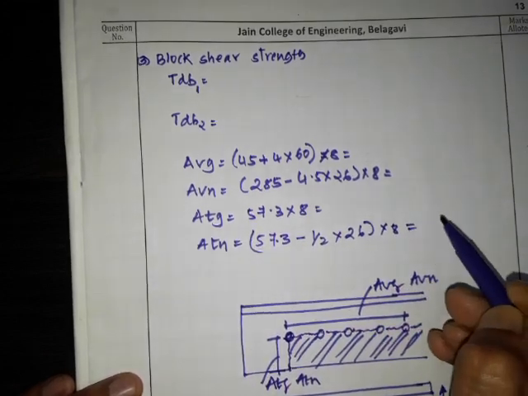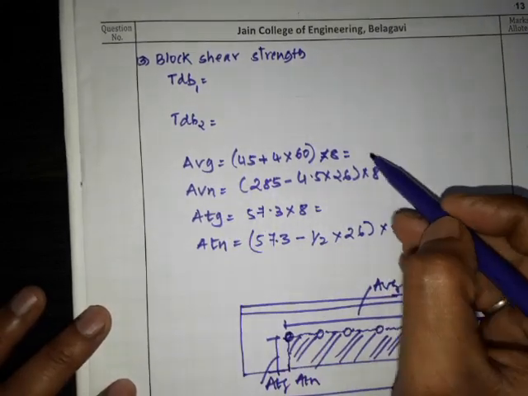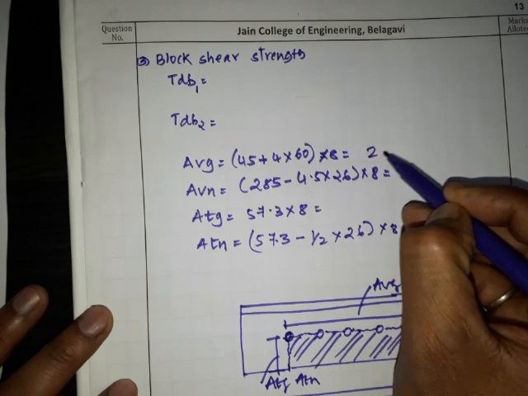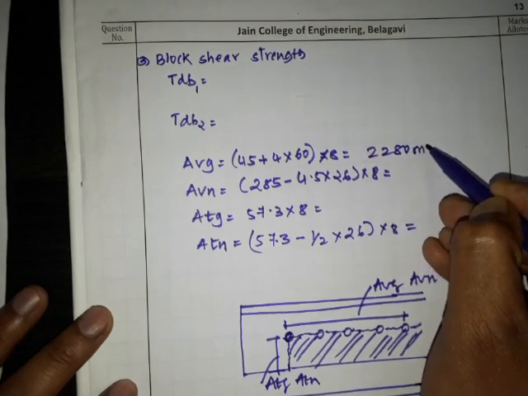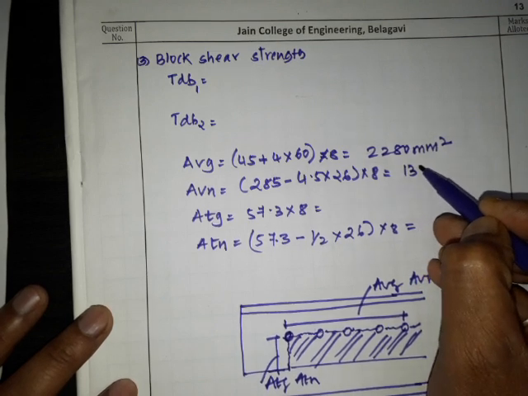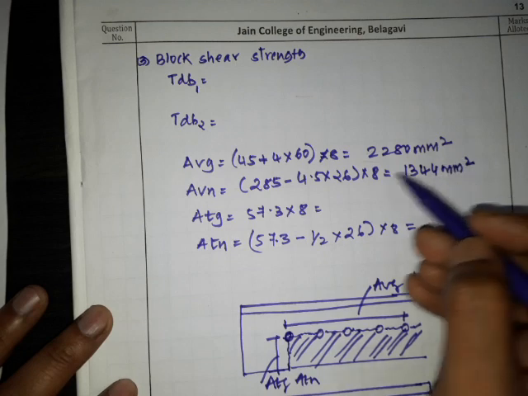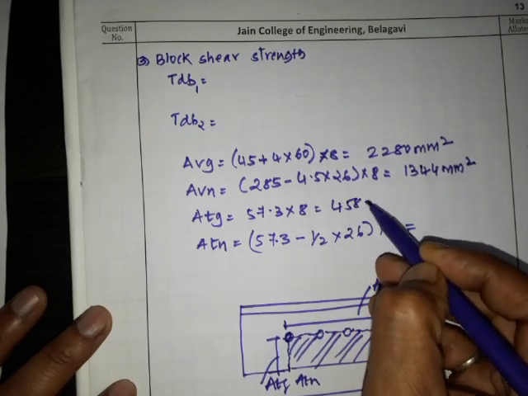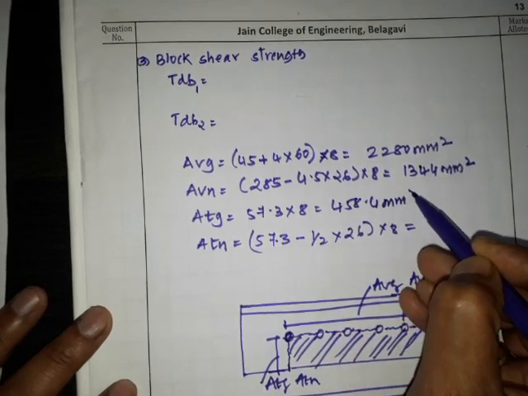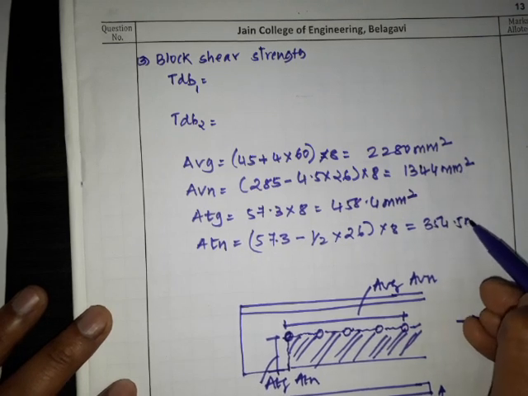So we get like this, okay. That's why AVG is 2280 mm square, AVN is 1344 mm square, ATG is 458.4 mm square, and ATN will be 354.4 mm square.